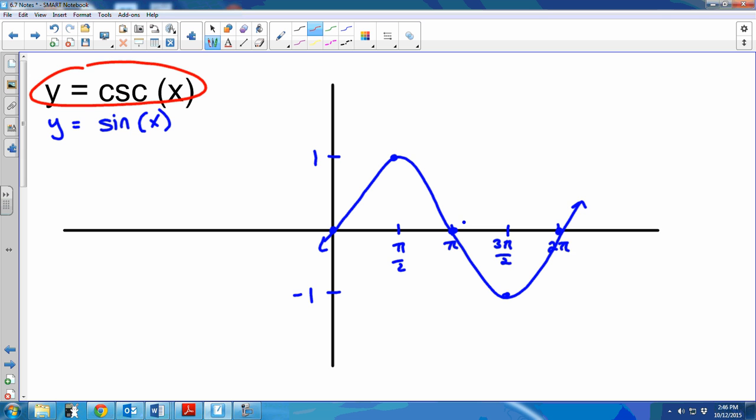Now, cosecant is a set of repeating parabolas that occur off the top of the maximum values and the bottom of the minimum values. And there are asymptotes to help guide those parabolas. If you don't know what an asymptote is, it's an imaginary line that provides a boundary for your function.